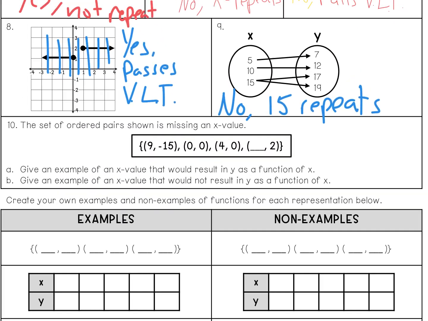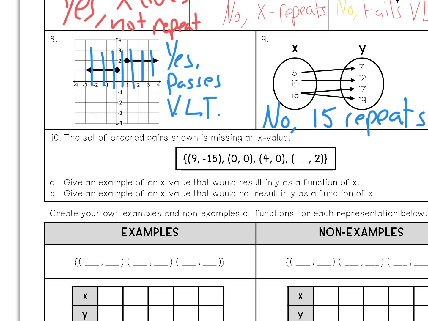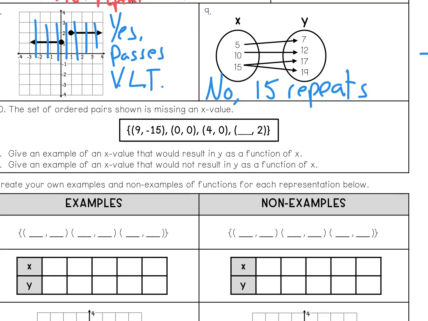Okay, so I want you to give an example, not an example that they have, for what would make this a function and what would not make this a function. So a different number than what they have. So what can x not do? It can't repeat or duplicate. Hector, can you give me a value that would make it a function?